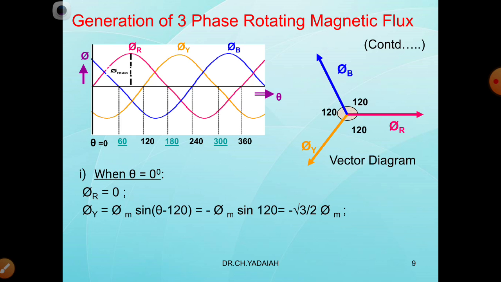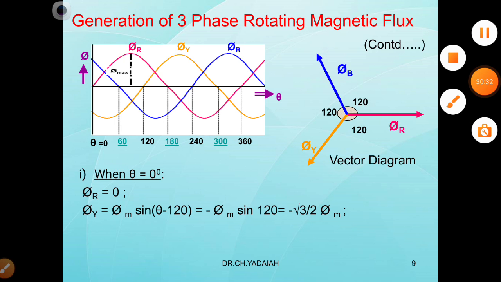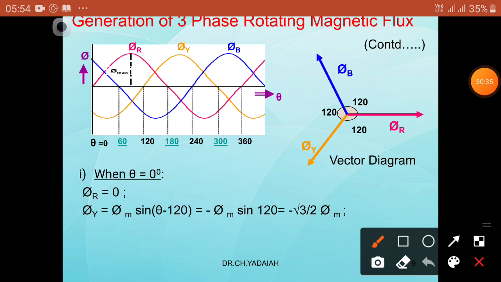Now coming to phi y, the flux produced in the y phase at 0 degrees. What is the formula? Phi m sin theta minus 120 degrees, as previously mentioned. Now substitute theta equal to 0. We have taken minus 120 for the y phase, so phi m sin of 0 minus 120, which is minus sin 120 degrees.